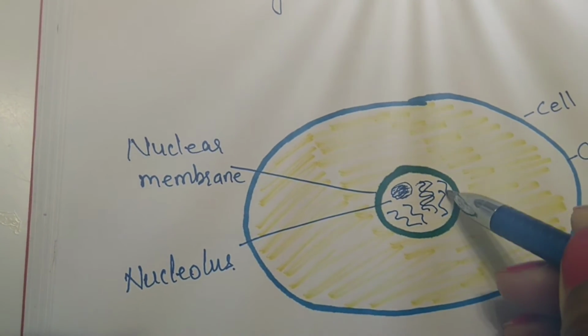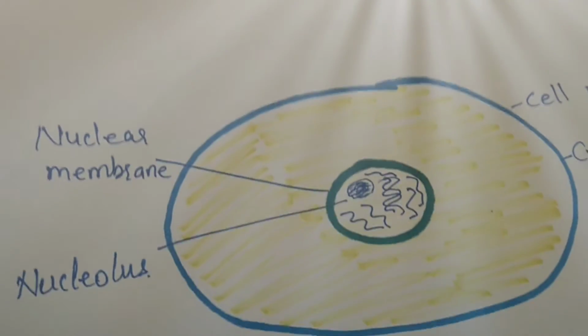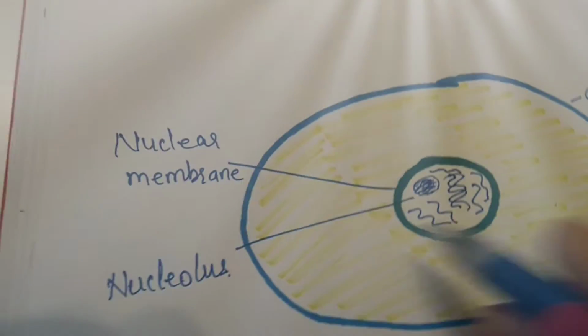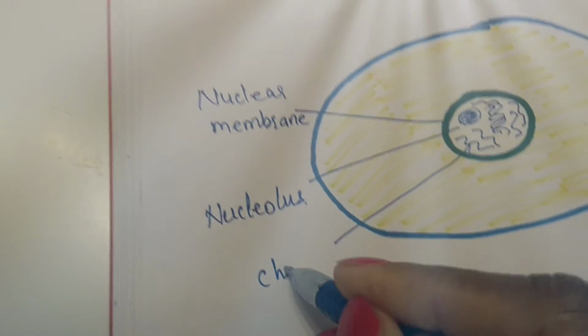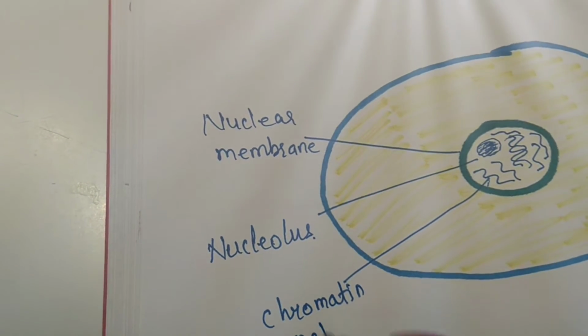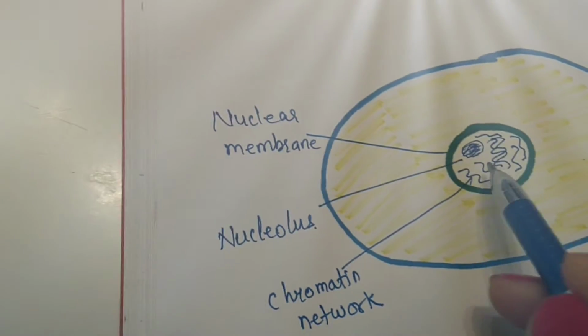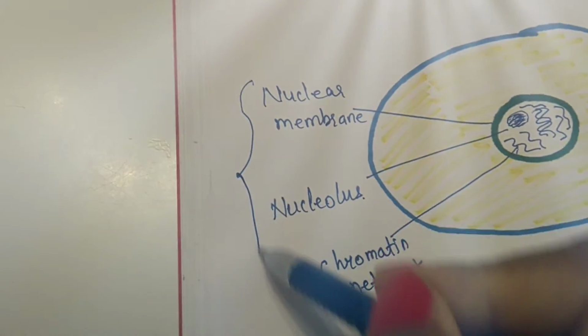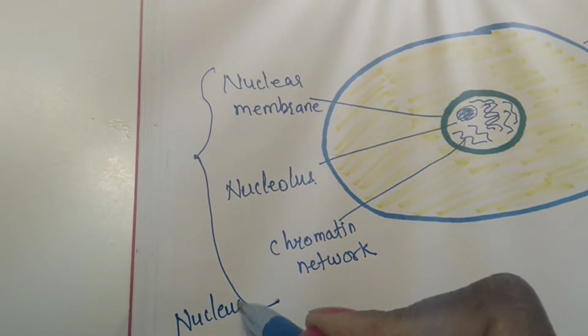Now this chromatin network has the genetic material called DNA in it. So the nucleus also contains a thin chromatin network, or we can say chromosomes, inside the nucleus. So all these three components form which part of the cell? It forms the nucleus of the cell.